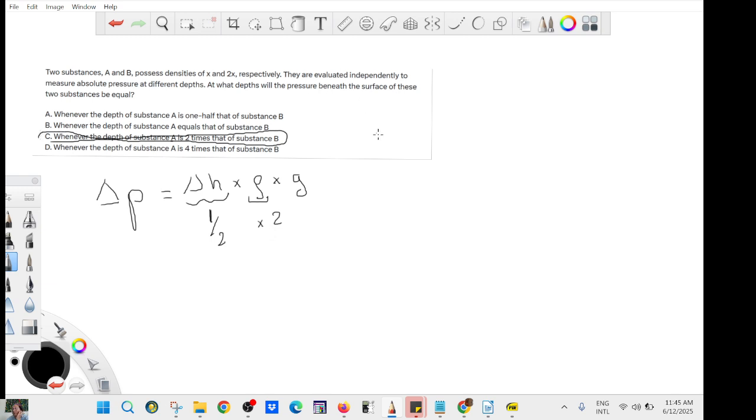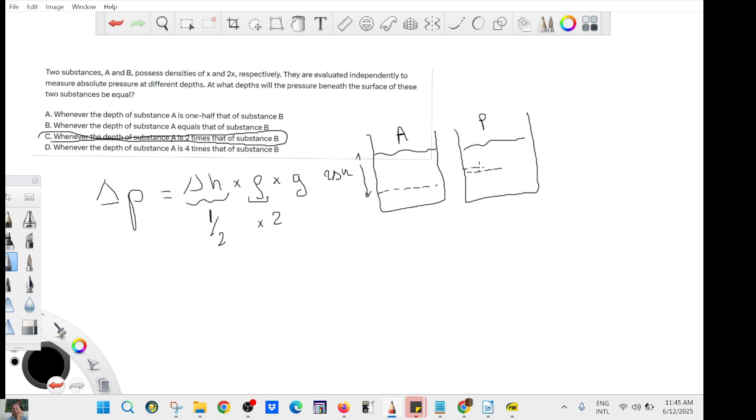So if you have substance A here and substance B, you need twice the height for A relative to substance B. Half of that will be delta H, because the density here is multiplied by 2. So the answer is C.